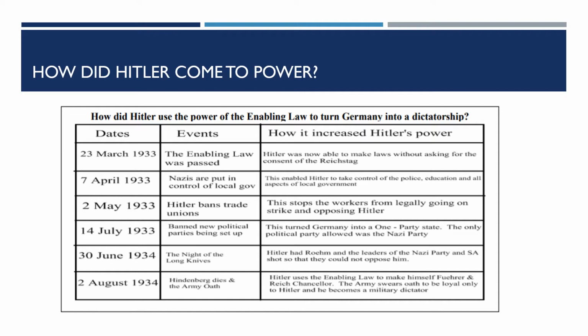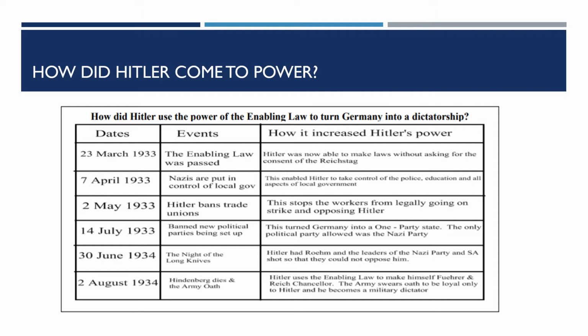1934, just under a year later, it was known as the Night of the Long Knives. So Hitler and his allies within the Nazi party had other members shot, and also other prominent public figures shot, in case they were to stand against him. So he was basically eliminating any opposition.